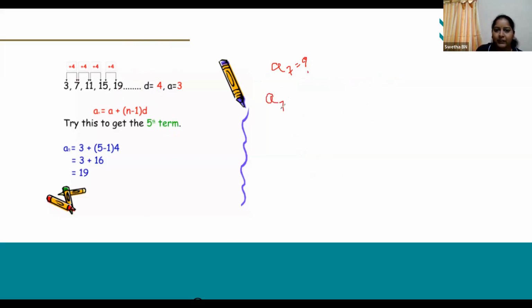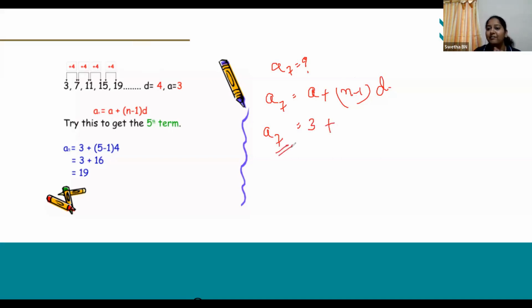For example, a7 is equal to a plus n minus 1 into d. This is the formula right now. So a7 is equal to, just substitute the values. What is a? It is 3. I will write 3 here. Write plus as it is. What is n?